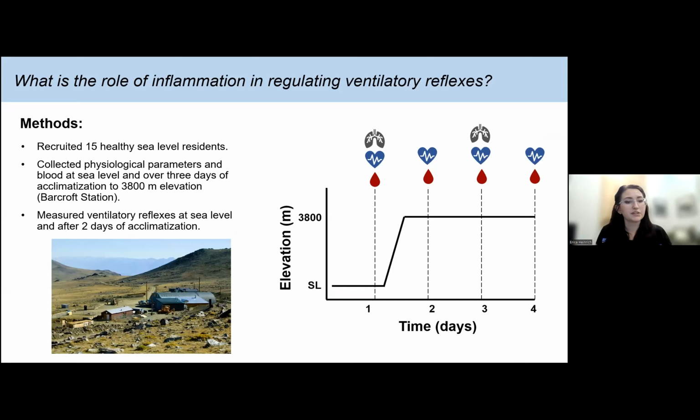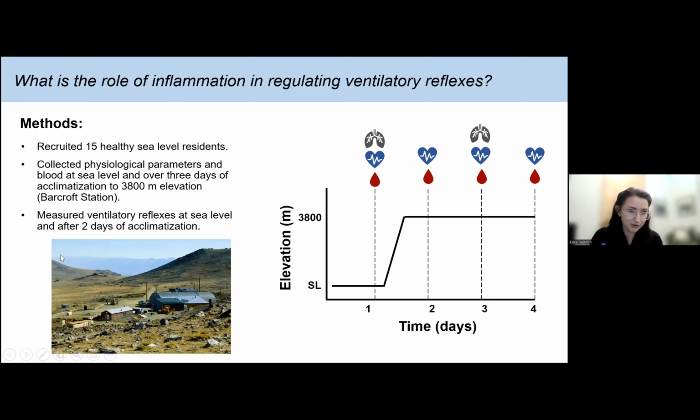So to determine what link there may be between systemic inflammation and the ventilatory reflexes, we did an experiment using our high altitude exposure model where we recruited 15 healthy sea level residents, and we collected physiological parameters and blood at sea level, and then over 3 days of acclimatization at 3,800 meters.